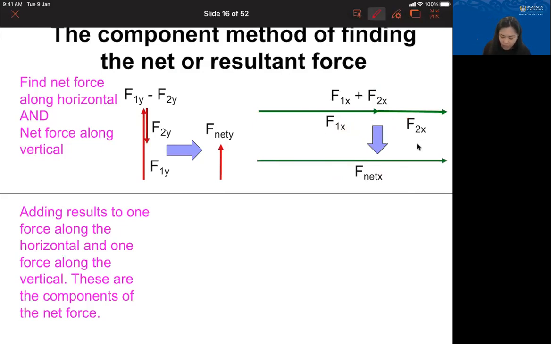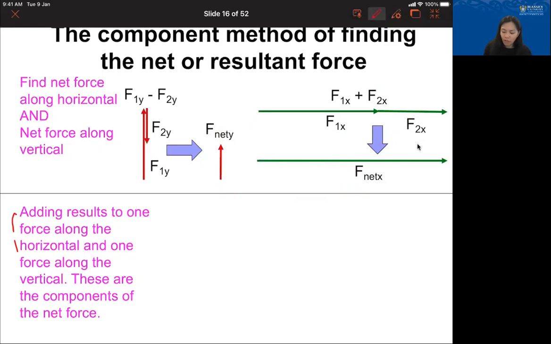Adding the two forces along the horizontal will give us one net force along the horizontal, and adding the two forces along the vertical will give us one net force along the vertical. These are now the components of the net force acting on the object.